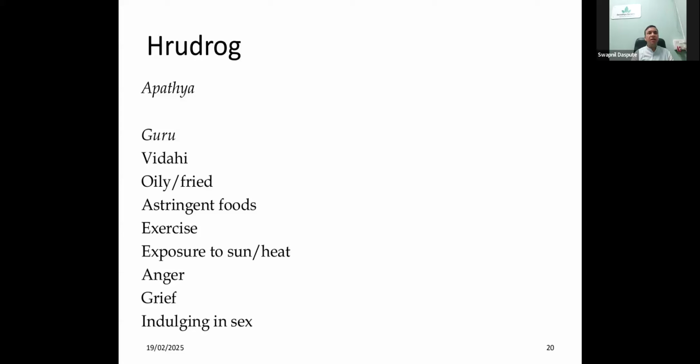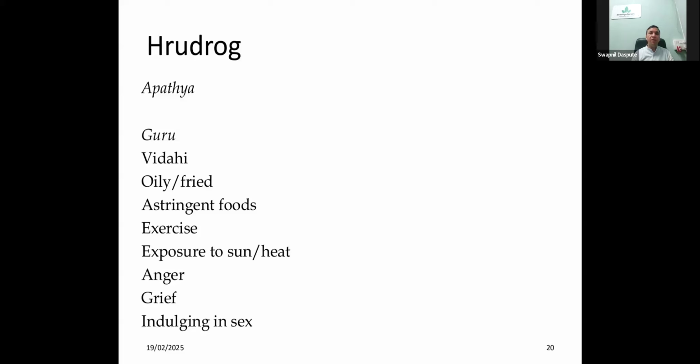Exercise can strain the heart. Exposure to sun and heat can aggravate the pitta. Anger will aggravate pitta. Anger again is a negative emotion related to the mind and can disturb the heart. A person who becomes angry will have increased heartbeats. So anger will impact the functioning of the heart suddenly.